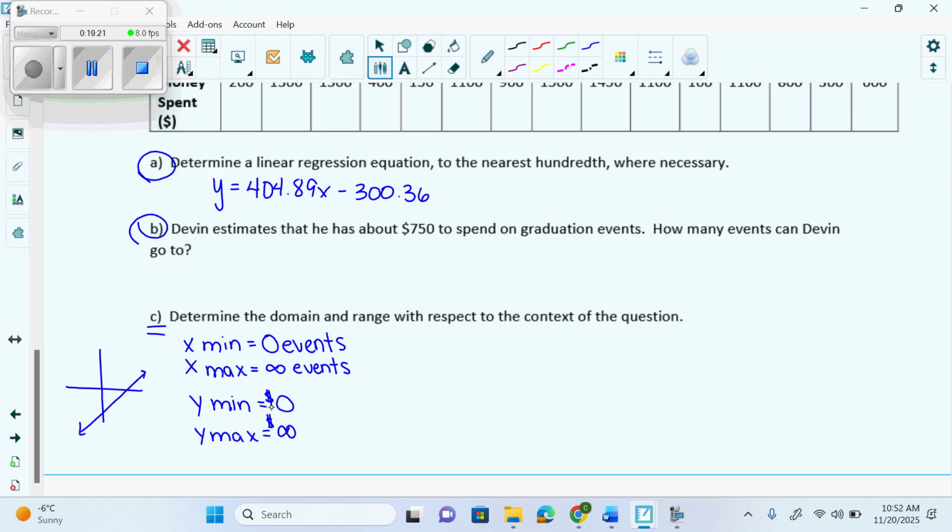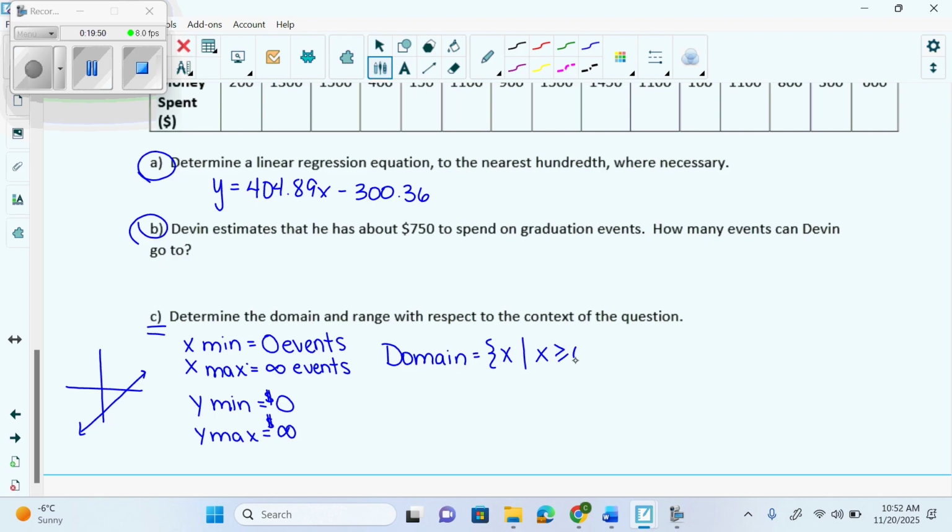So, if we talk about the domain for this question, and I want to put this into some sort of domain, I'm going to say x such that, what's the lowest he can be? 0 to infinity, correct? What does that mean as a domain? X is greater than or equal to what? 0.